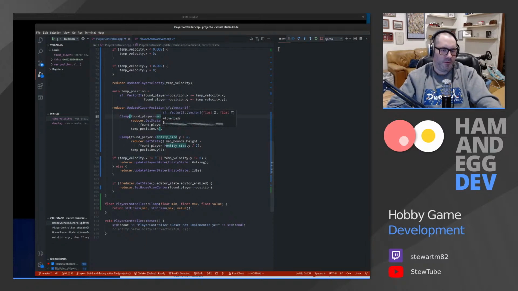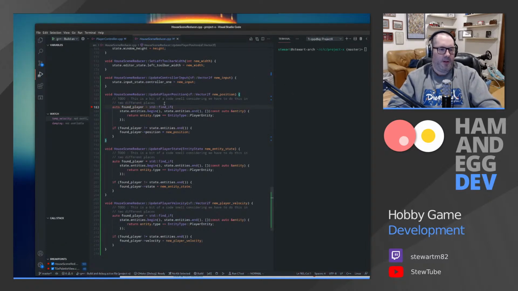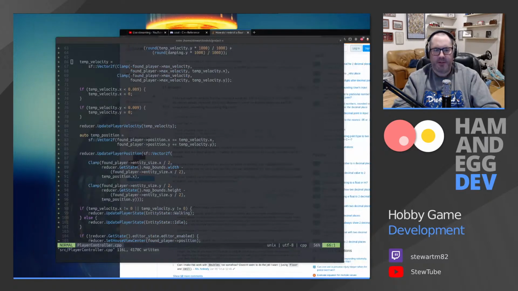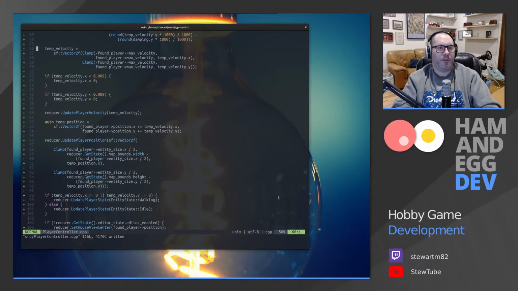Temp position. Rather than debugging this, it might be easier to see it over time. So let's try that. Speaking of time, we're not doing too well.